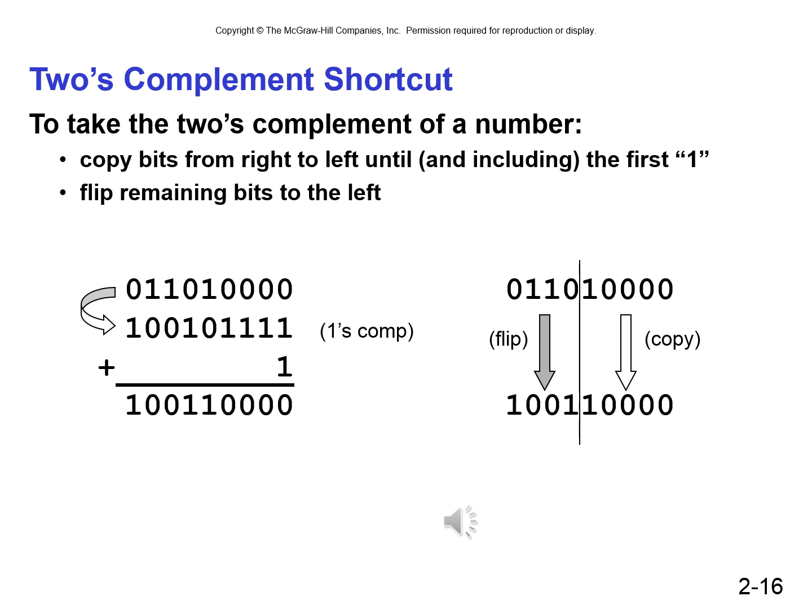I don't know why, I just don't. But either one works. You just have to be careful. So you copy the bits from the right to the left until and including the first 1. And then you flip the remaining bits. And if you look at the 2 numbers, they're the same.